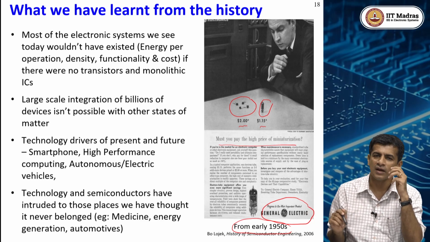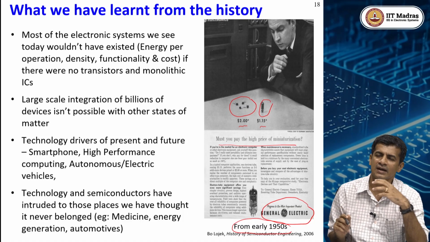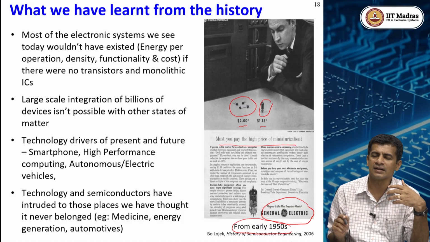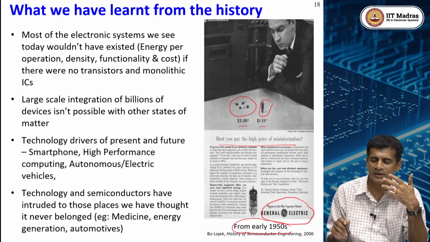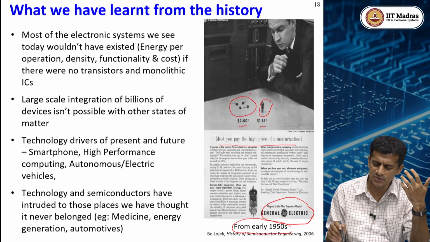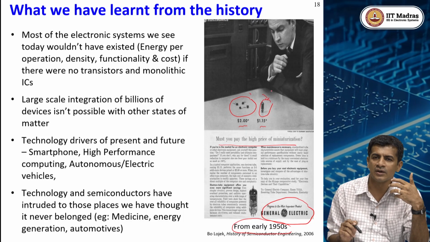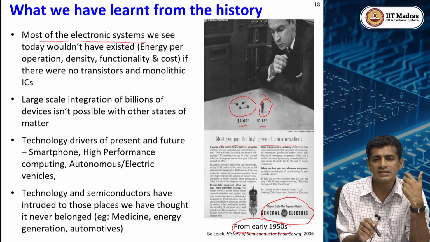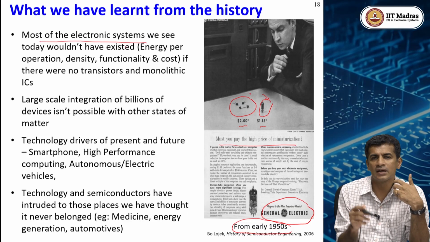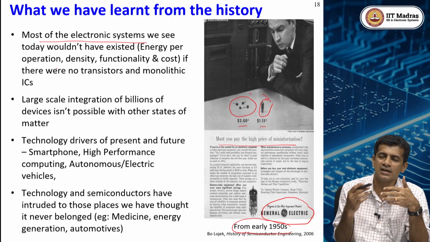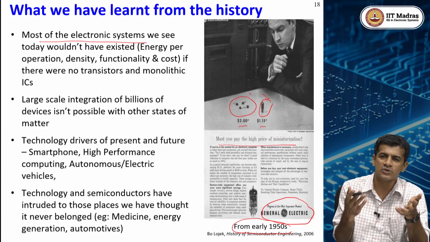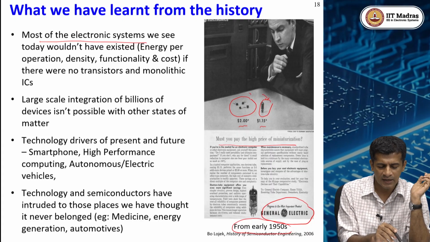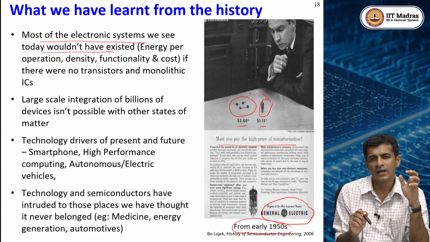If the entire industry and all consumers had said they don't want a high price solution and will stick with vacuum tubes, then what would have happened? Most of the electronic systems we see today, including the system through which you are watching this video, would not have existed.